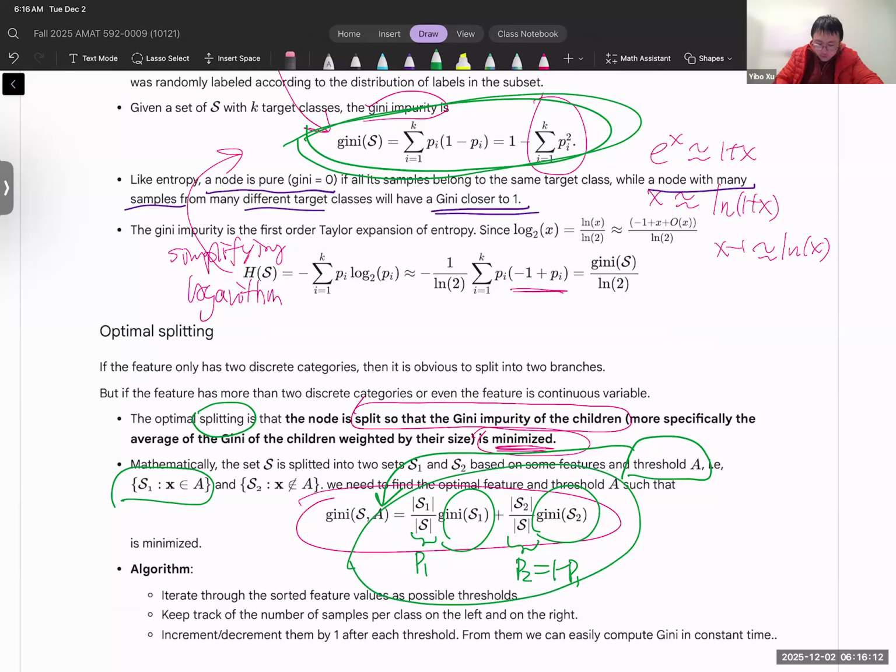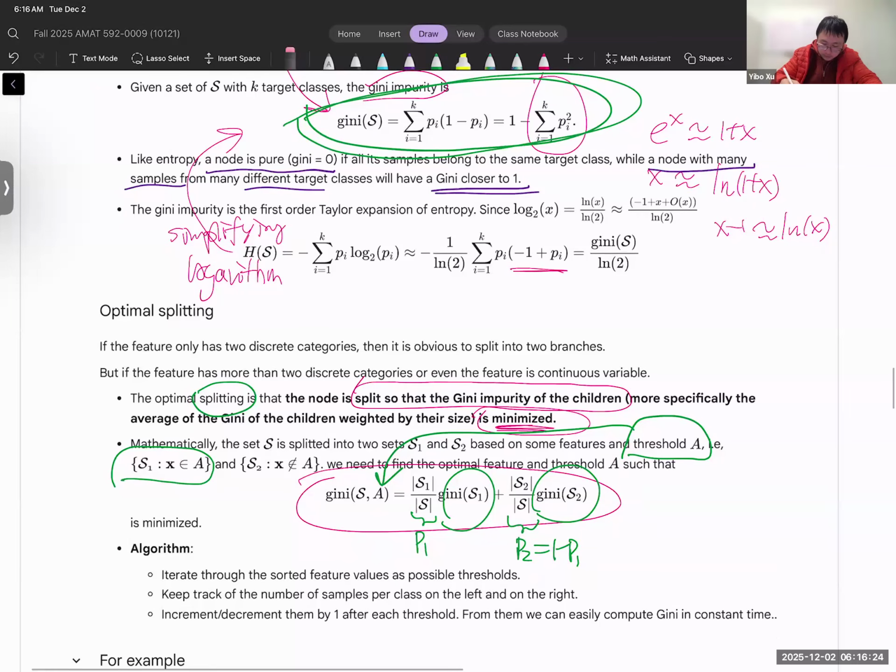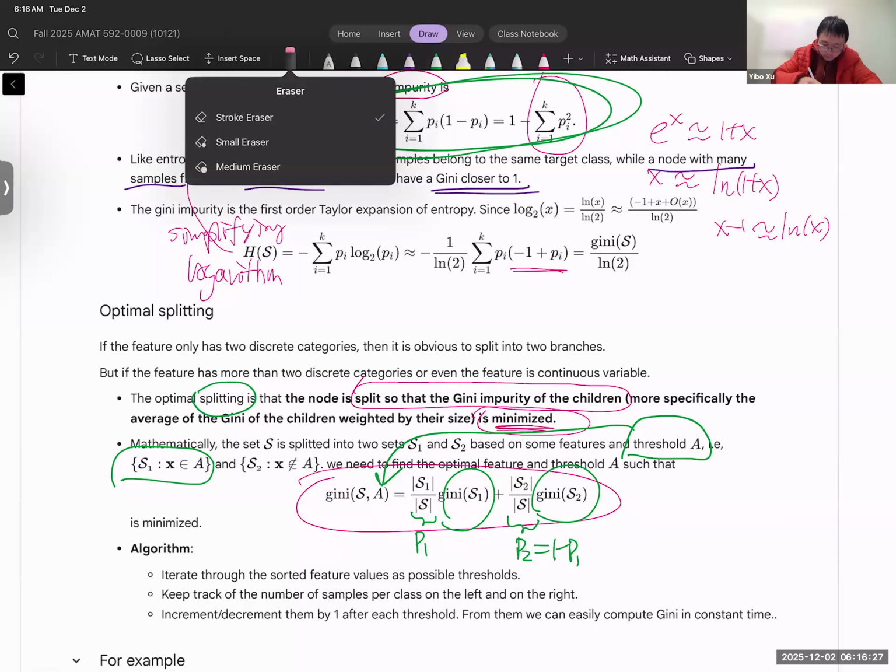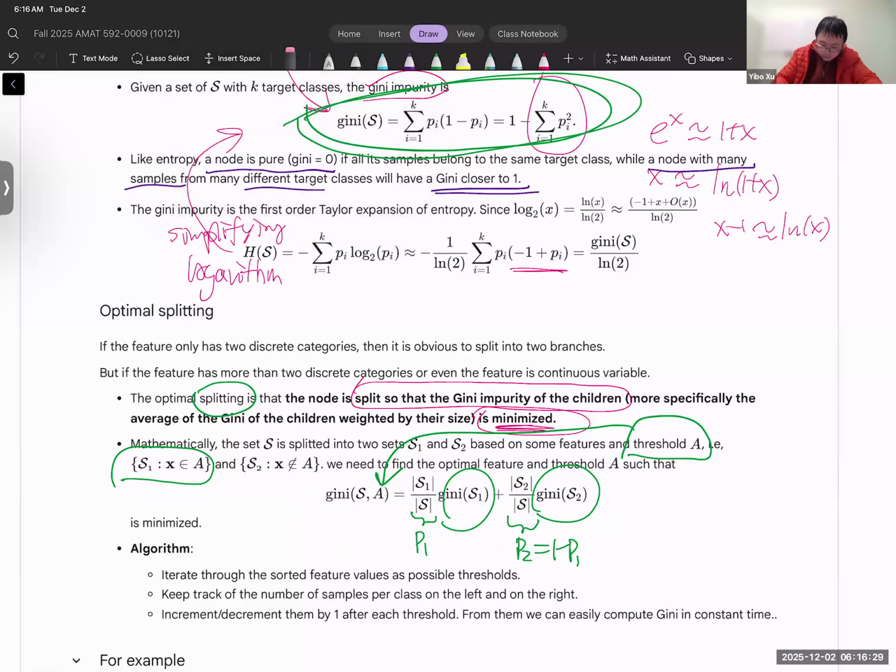Once you sum, you will have a Gini value for each feature, and then you select the feature based on that. Indeed, you want to look for the optimal feature and threshold such that the whole thing is minimized. This is the key.